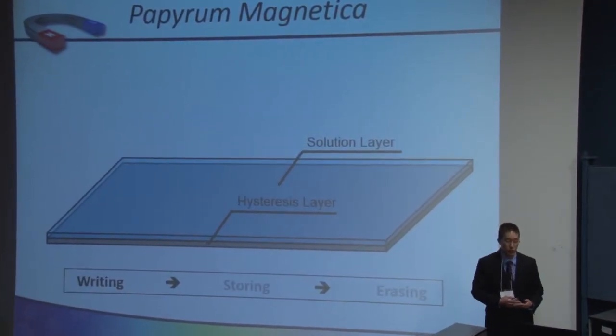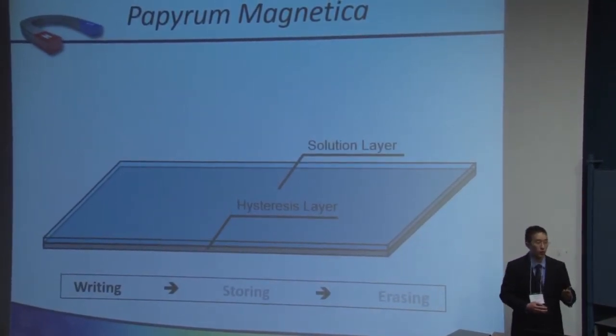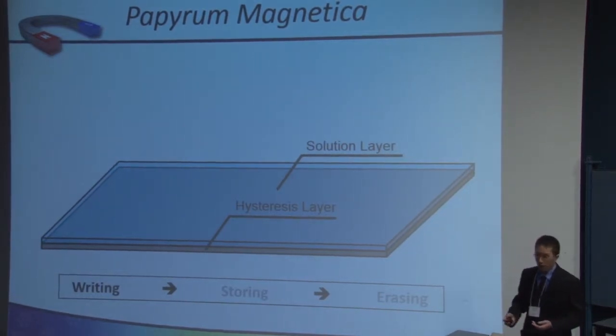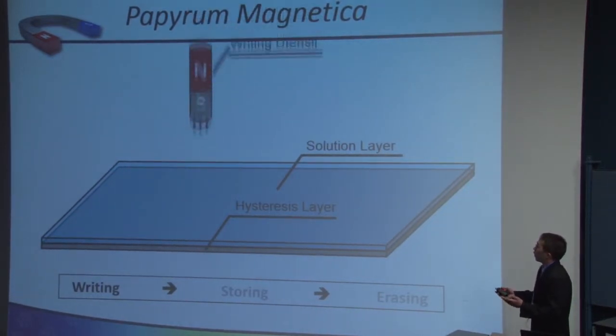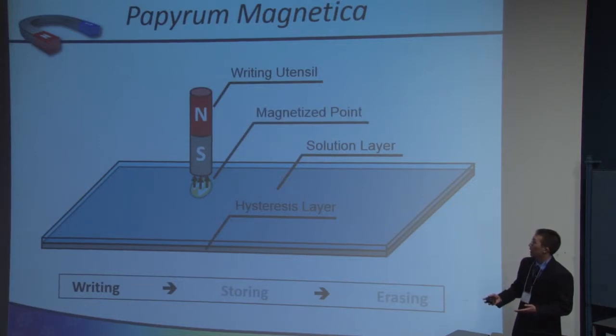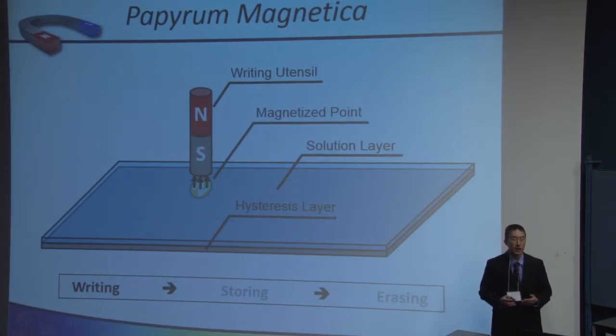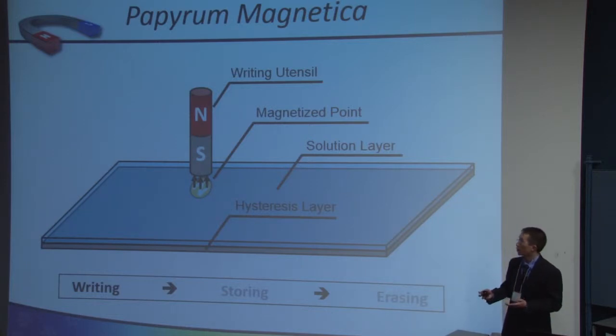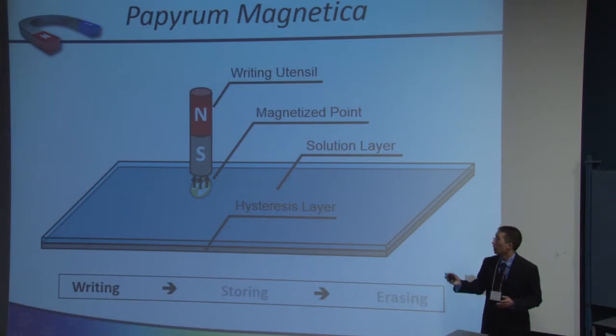Underneath is the hysteresis layer, which is required in order to record what has been written on it. So, upon applying a magnet to the surface, the magnetic field is able to magnetize the hysteresis layer and create a localized magnetized point. In turn, this magnetic field allows photonic crystals to assemble within the solution layer, and those are capable of reflecting back only a single color.